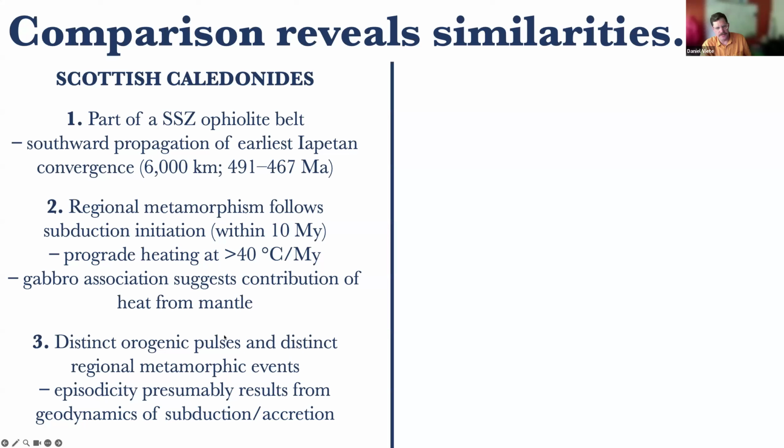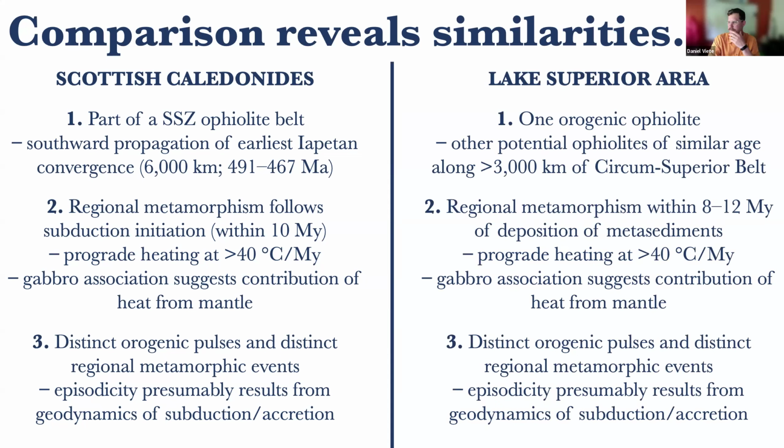As well as that, we have evidence of distinct orogenic pulses and associated regional metamorphic events. And so this episodicity presumably results from events associated with the geodynamics of subduction and accretion. In the Lake Superior area, we have one orogenic ophiolite, but there is potential that there are other ophiolites of very similar age along 3,000 kilometers of the Circum-Superior belt.